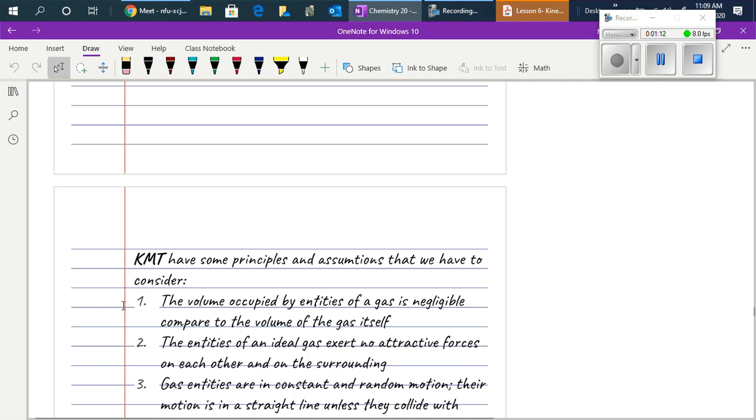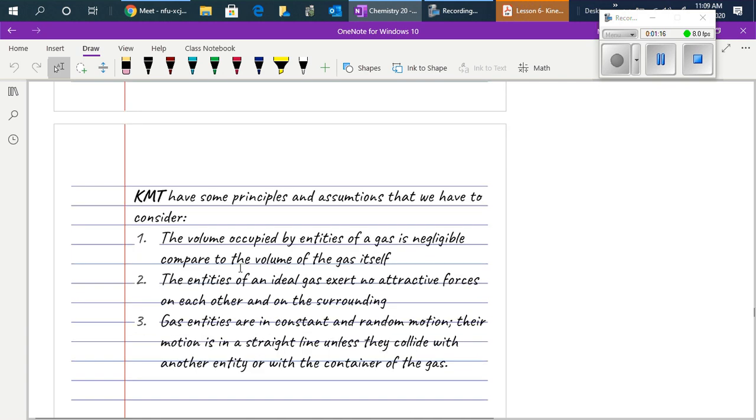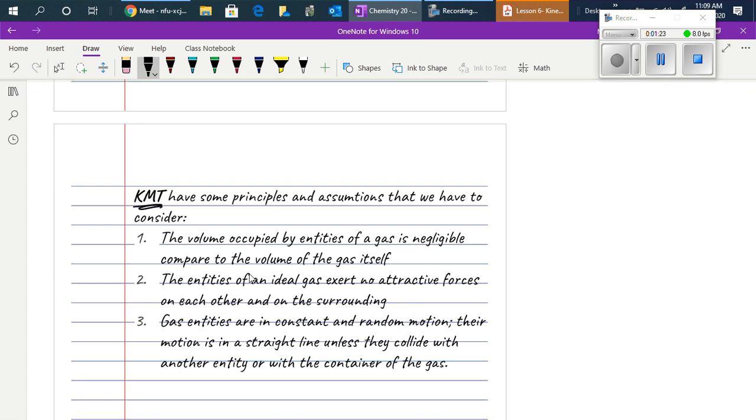Now, when we talk about the kinetic molecular theory, known as the KMT, there are some principles and assumptions that we make. What we consider in the kinetic molecular theory is that the volume occupied by the entities of gas is negligible in comparison to the volume of the gas itself.